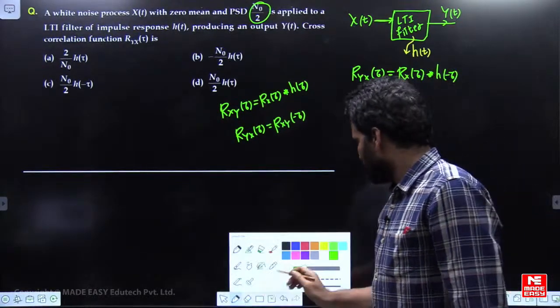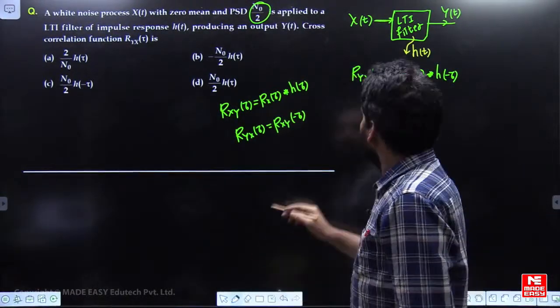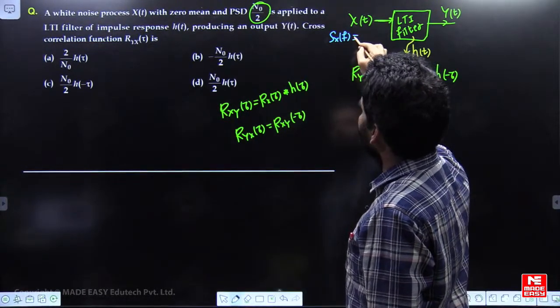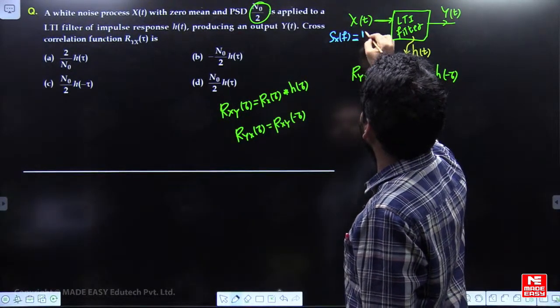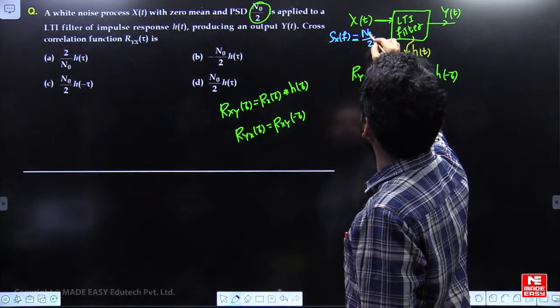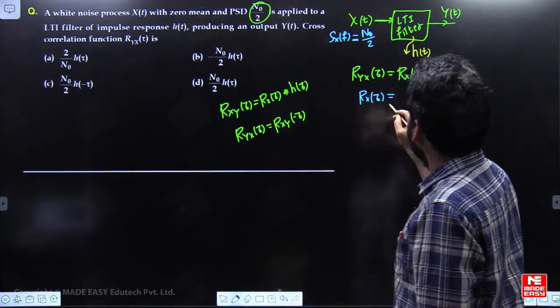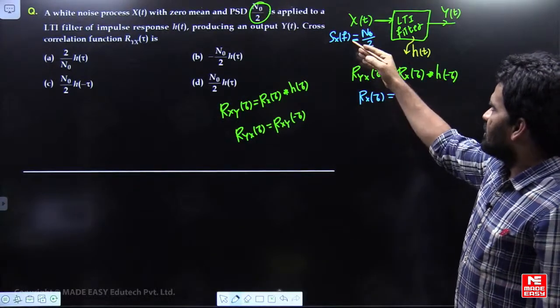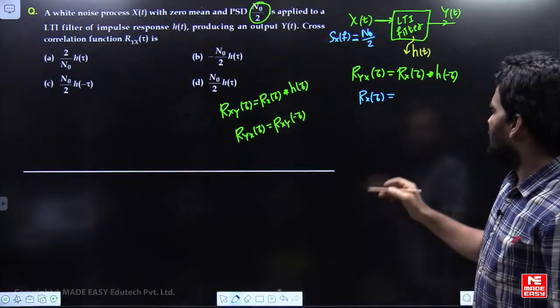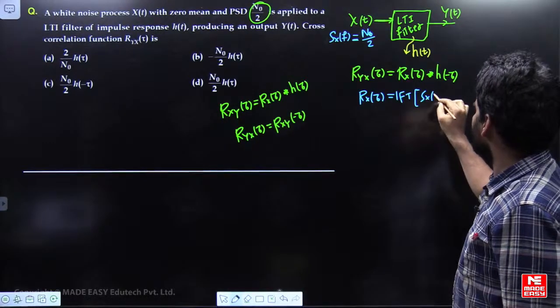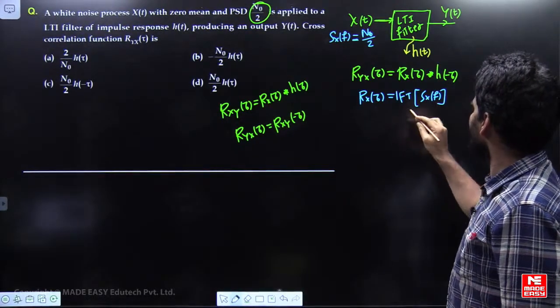How to get R_x(τ)? The power spectral density of X(t) is given, S_x(f) is N0 by 2. Then what is R_x(τ)? The PSD of X(t) is given, so how to get its ACF? The inverse Fourier transform of the PSD will give you the ACF.